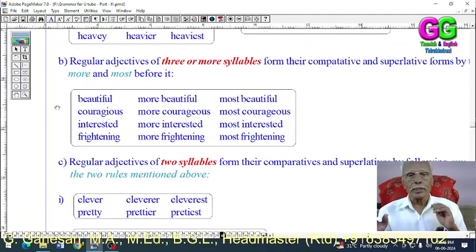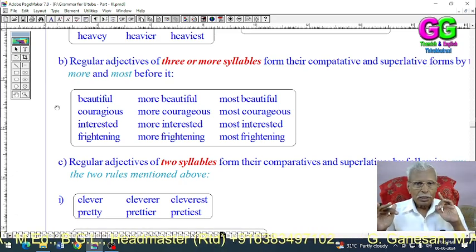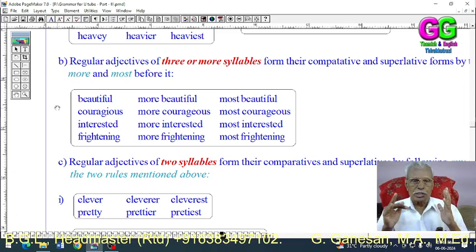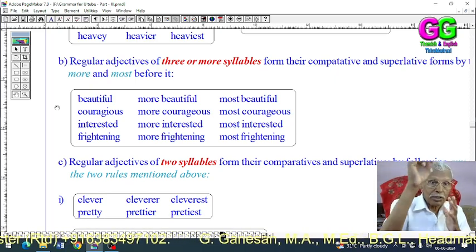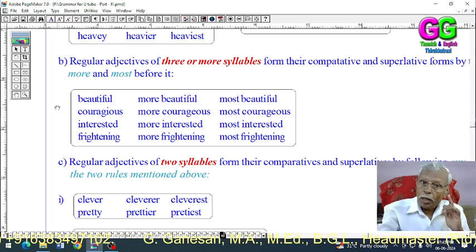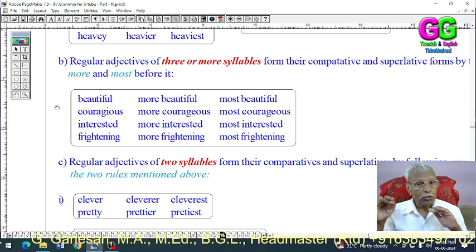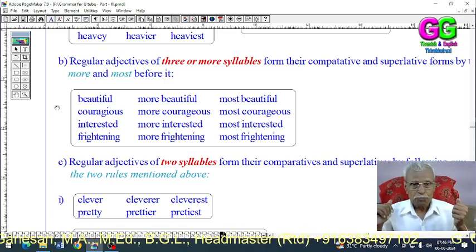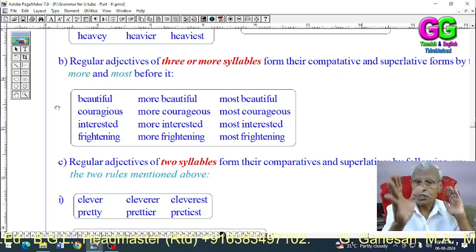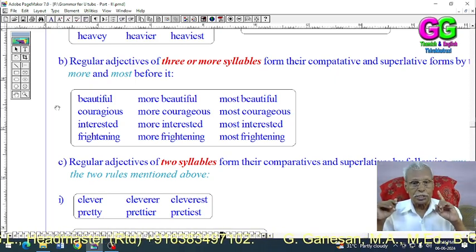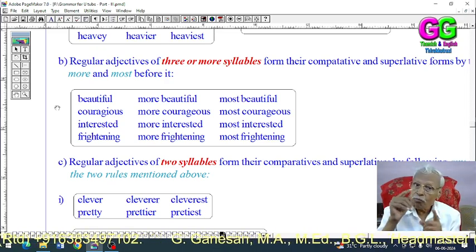Then the rule: monosyllabic adjectives form these by taking er and est. Polysyllabic adjectives form the comparative and superlative by taking more and most. What about bisyllabic adjectives?